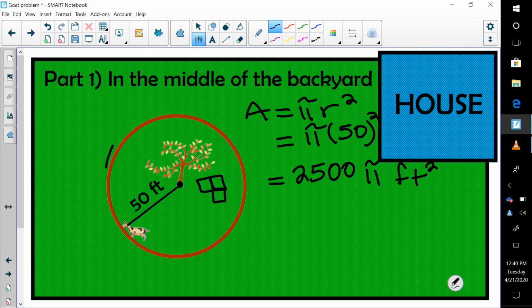That's how we measure two-dimensional space. So 2,500 pi, rounded to the nearest hundredth, is approximately 7,853.98 square feet. So if Pumpkin was placed around the tree, this is the area that Pumpkin can graze in.